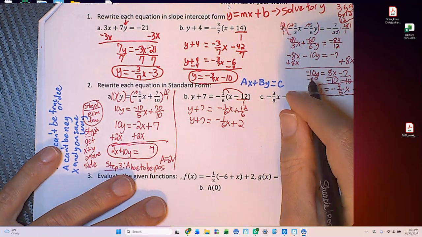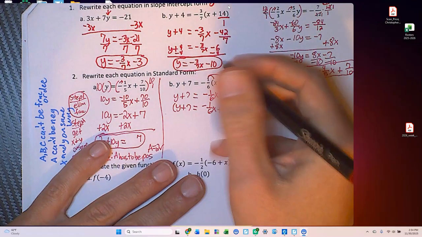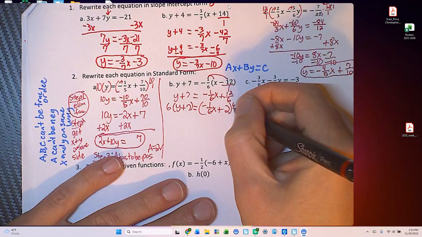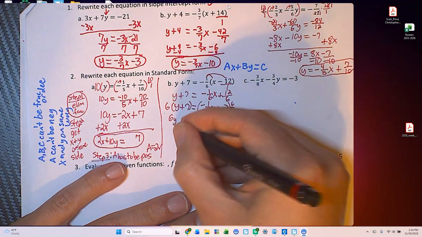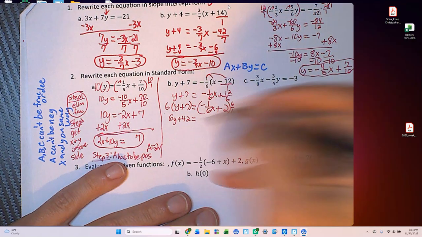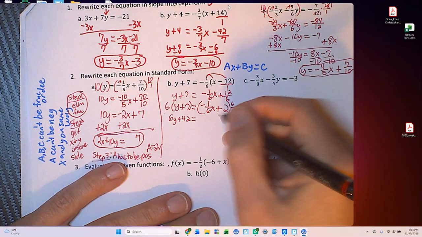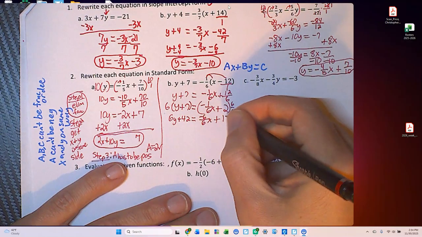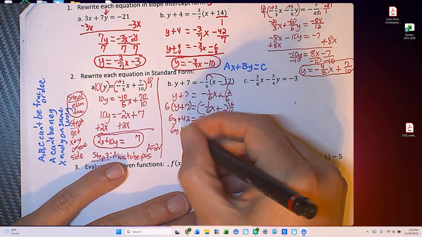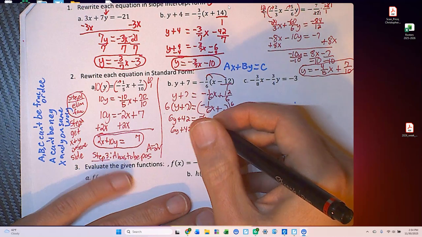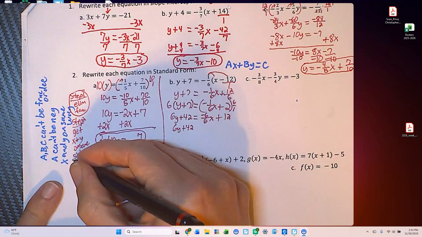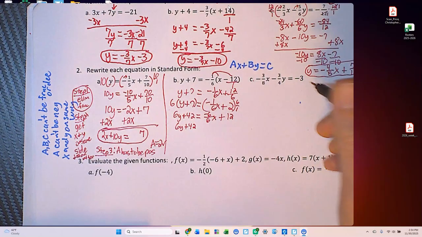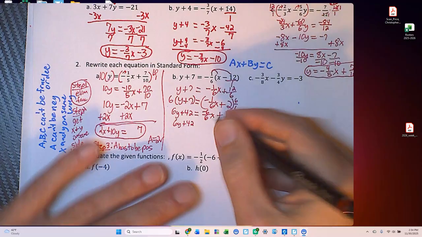Okay, step 1, eliminate the fraction. Negative 1 times 6. 1 times 6. And you got to get the constant on the other side.